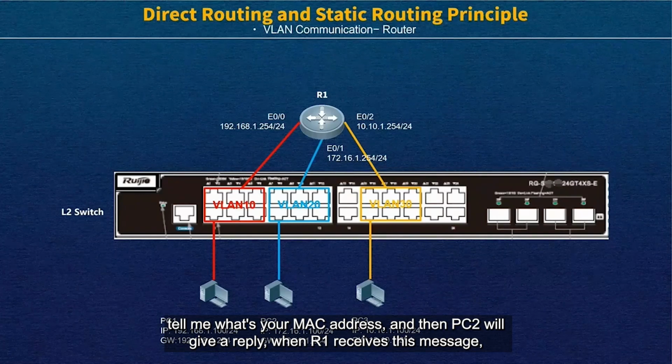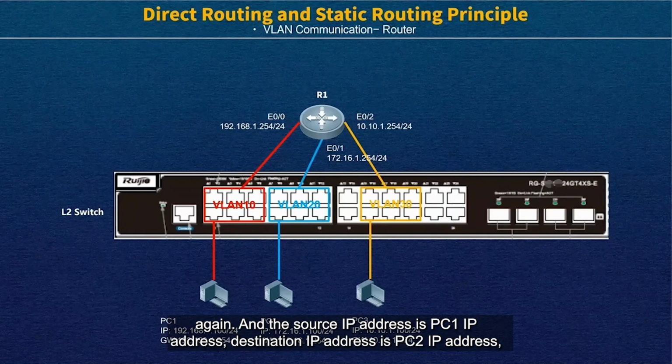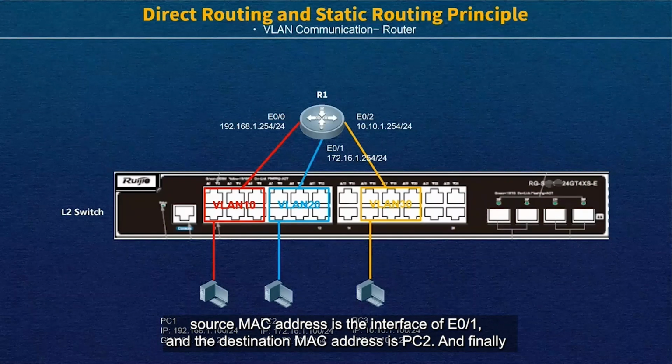When Router 1 receives this reply, I already know the destination MAC address of PC2. So I will do the re-encapsulation again. The source IP address is the PC1 IP address, and the destination IP address is the PC2 IP address. The source MAC address is the interface Ethernet 0/1, and the destination MAC address is PC2.